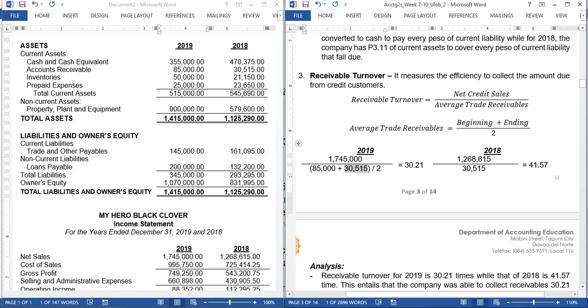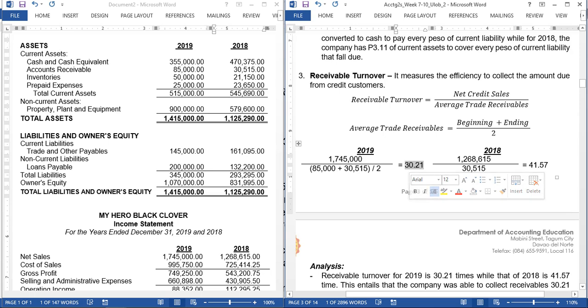Okay? So, kumbaga, bakit beginning ang 3515? Kasi nga, di ba, ang ending sa 2018 will become the beginning for next year, 2019. So, 85 plus 3515 divided by 2, so that's the average. And then, 1745 divided by the average, so nasa 30.21 times.